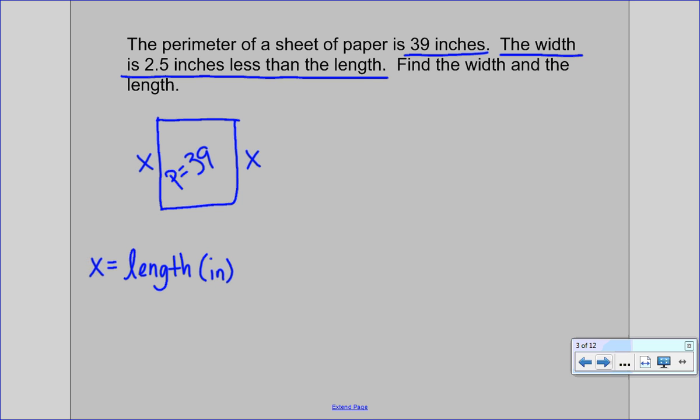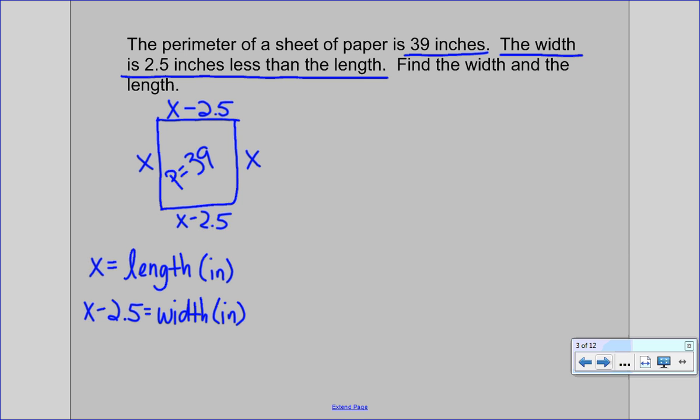The other side is my width, and I know that my width is 2.5 inches less than the length. So I'm going to label that as x minus 2.5. And I'll define that variable as well. X minus 2.5 stands for my width, which is also in the unit of inches.